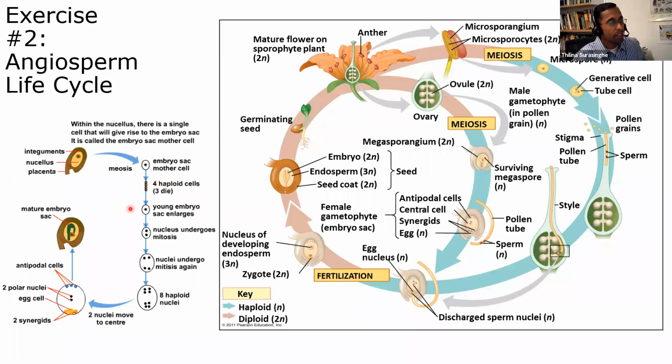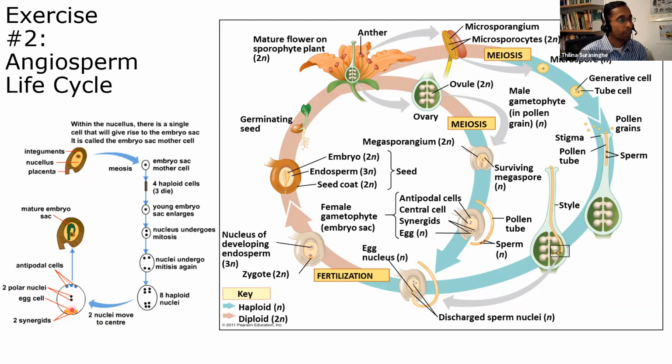And then, of course, the surviving cell undergoes many forms of modifications and ultimately produces this particular 8-nuclei stage through repeated mitotic divisions, right? And remember, when that happens, inside the central cell you have 2 nuclei, and those nuclei are called polar nuclei, right?